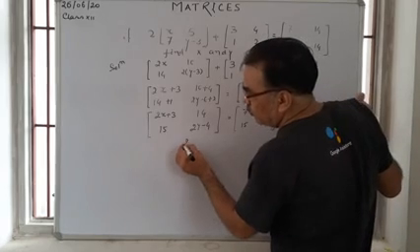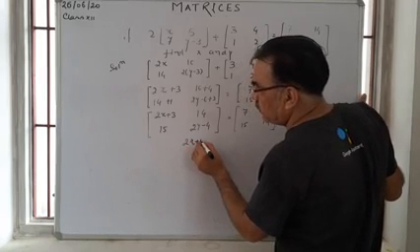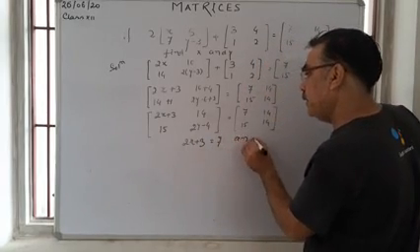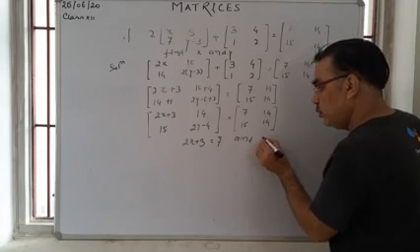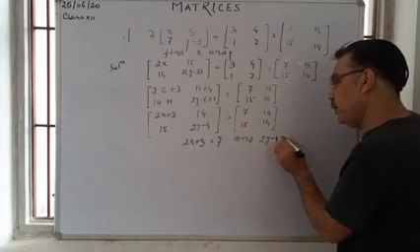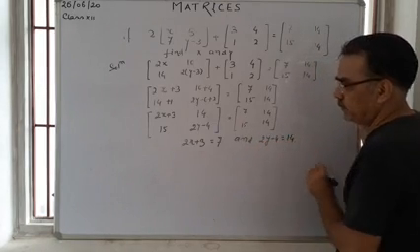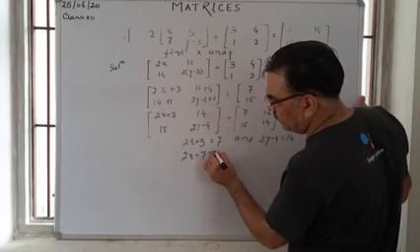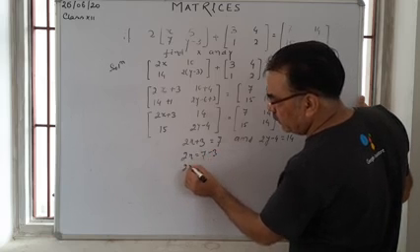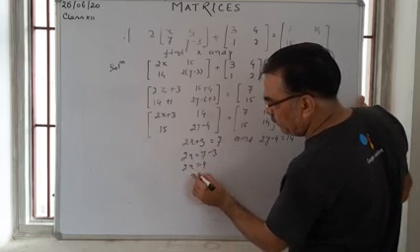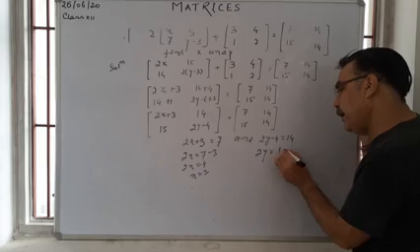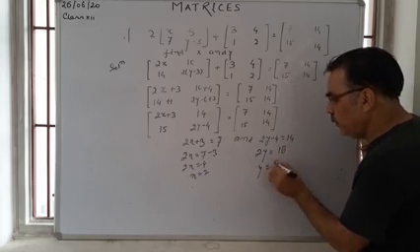Then 2x plus 3 is equal to 7, and here 2y minus 4 is equal to 14. So what do you get? 2x is equal to 7 minus 3, 2x is equal to 4, then x is equal to 2, and 2y is equal to 18, so y is equal to 9.